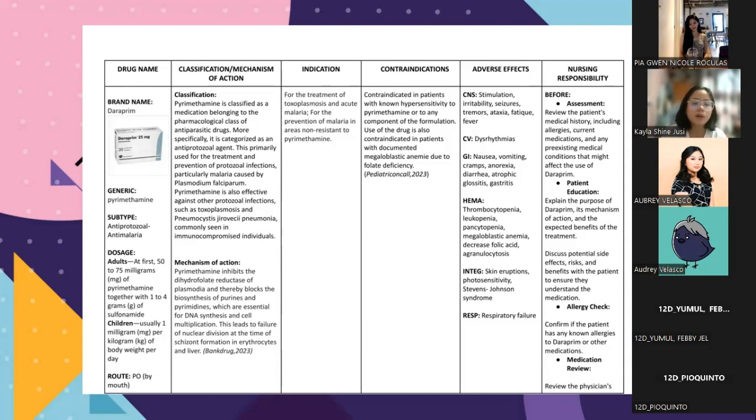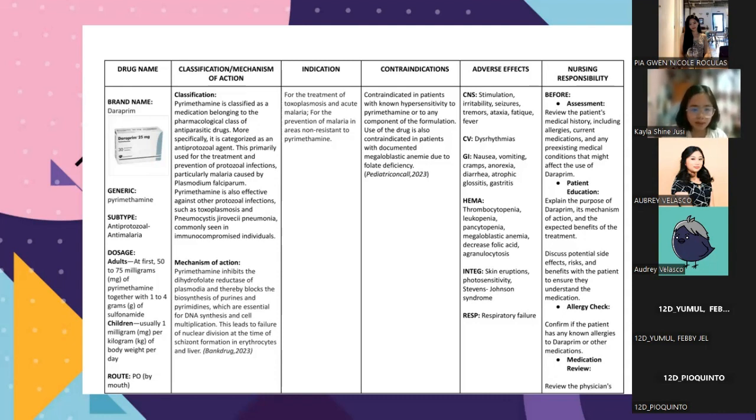So the hematological effects: pyrimethamine can cause a decrease in the number of platelets, or thrombocytopenia, leukopenia, pancytopenia, megaloblastic anemia, decreased folic acid, and agranulocytosis.